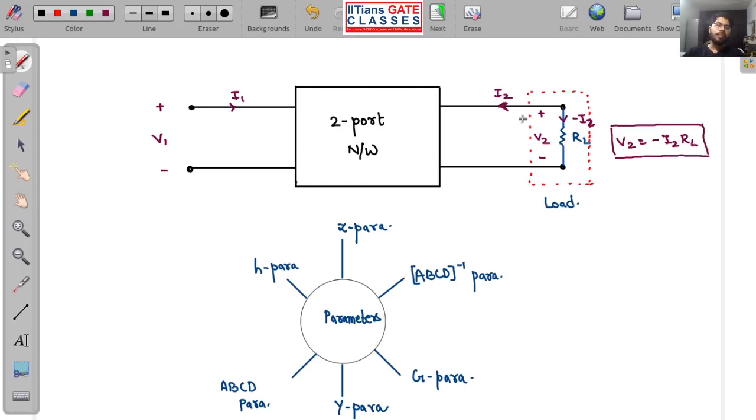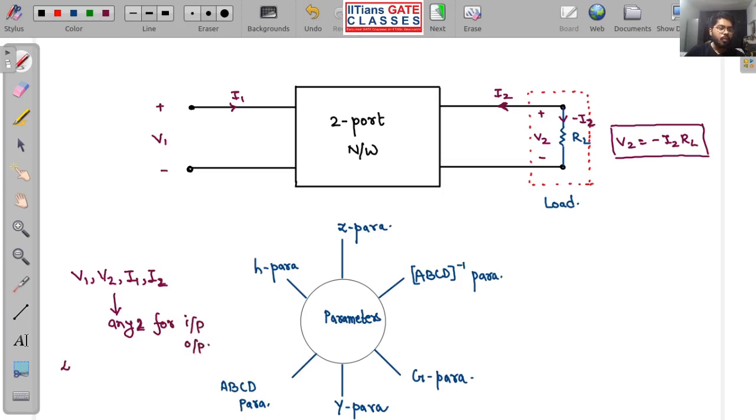Now based on this, V1, V2, I1, I2, there are 4 parameters in any network. Out of these I can choose any 2, one for my input and one for my output.